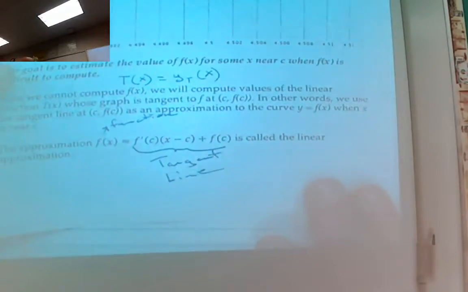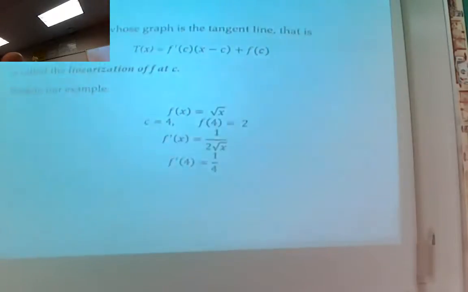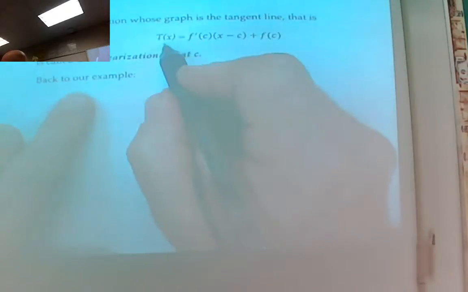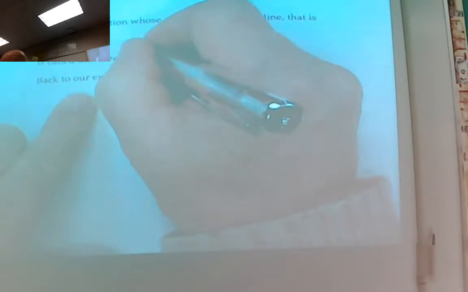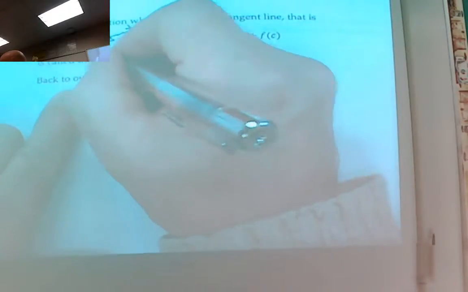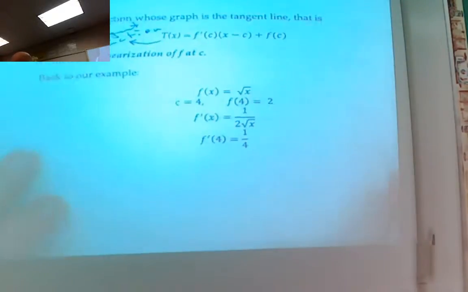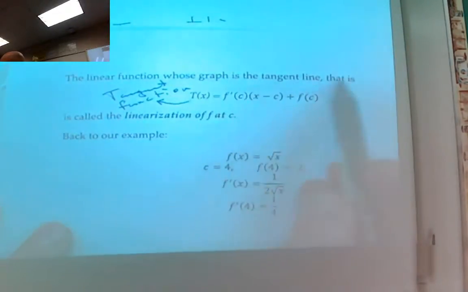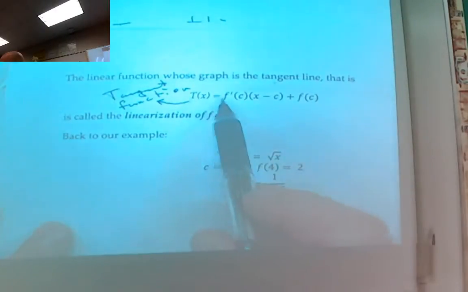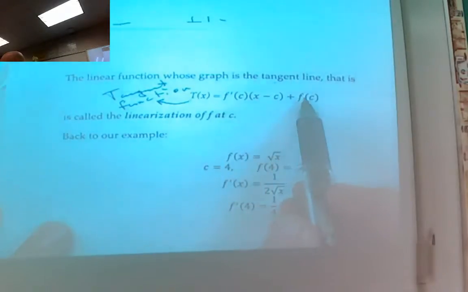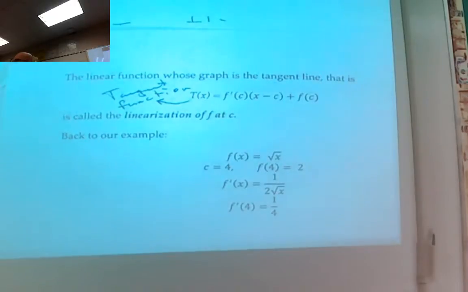Next page. This stands for tangent line, or tangent function. The linear function whose graph is a tangent line, that is, t of x equals f prime of c times x minus c, plus f of c, is called the linearization of f at c.